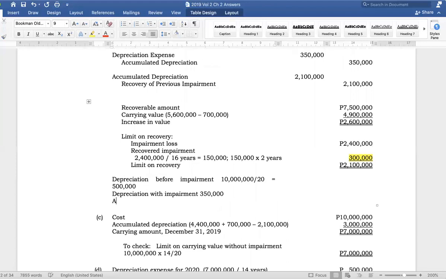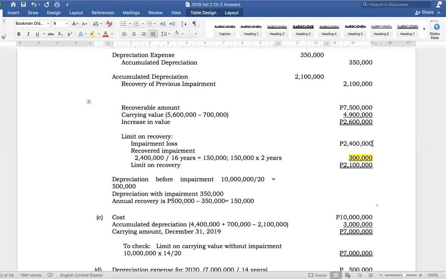Therefore, your annual recovery is 500 minus 350, which is 150. Hence this amount. So you have 150,000 times 2 years, that's 300,000.